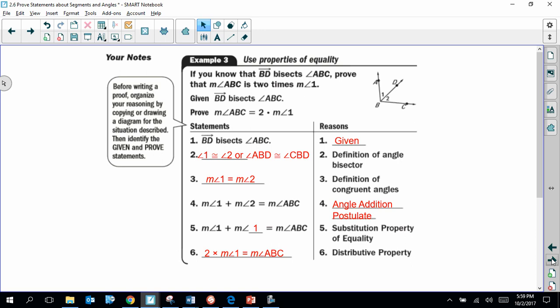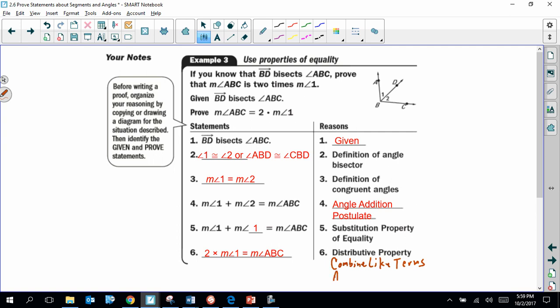I'm really not 100% sure I agree with the distributive property of equality. I would probably simply say combine like terms for that.